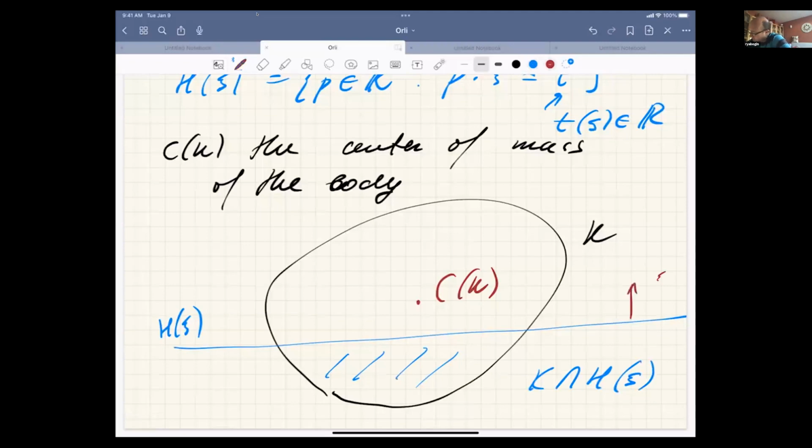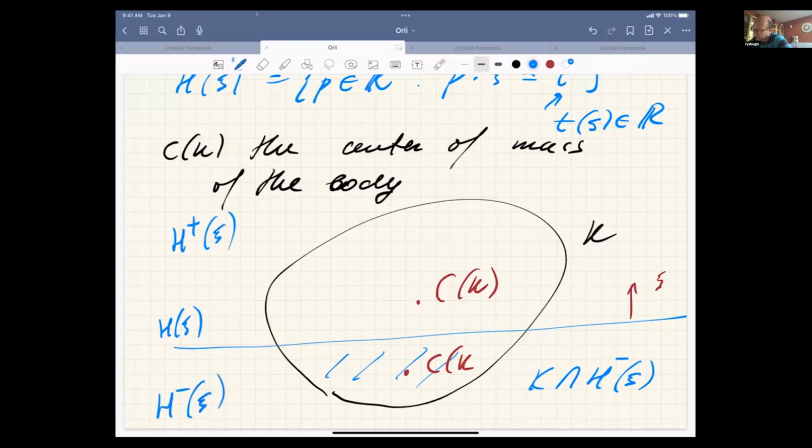You are given the direction psi, and you say that the body floats in equilibrium in this direction if the following is true. If the center of mass of the underwater part, let me call this H minus, okay? So if this is a hyperplane H of psi, let me call this the upper half space H plus of psi, and the lower half space H minus of psi.